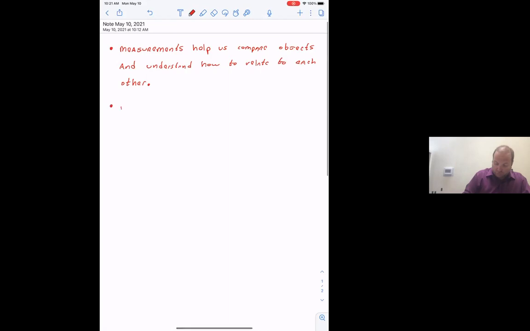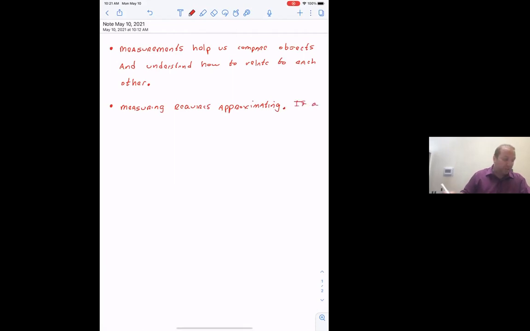Principle two: measuring at its core requires approximating. Every measurement is at its core an approximation.